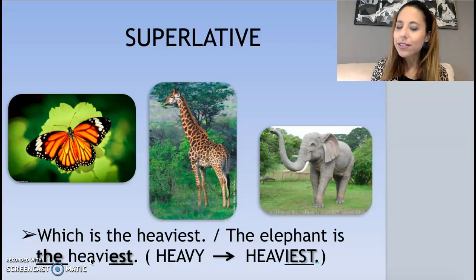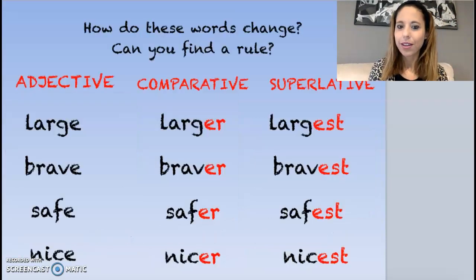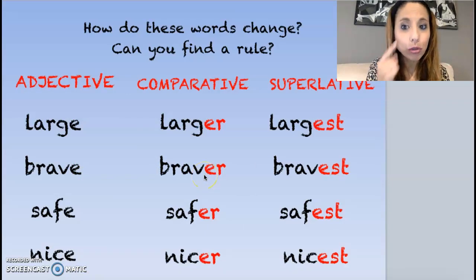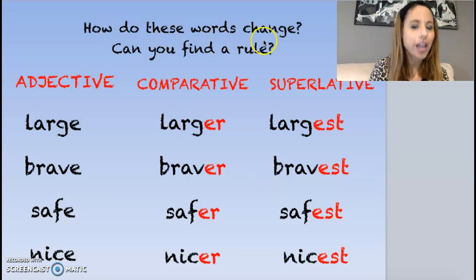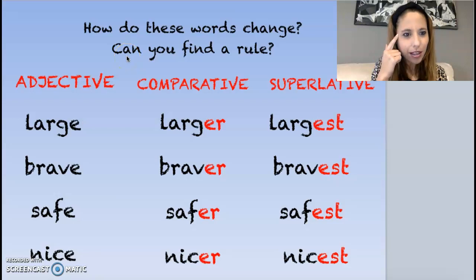Let's see now some exceptions. Now, I want you to look at these examples, at these words, and think, how do these words change? And think about if you can find a rule. What's the rule? So I am going to read all of them, and meanwhile, you need to think. Okay?